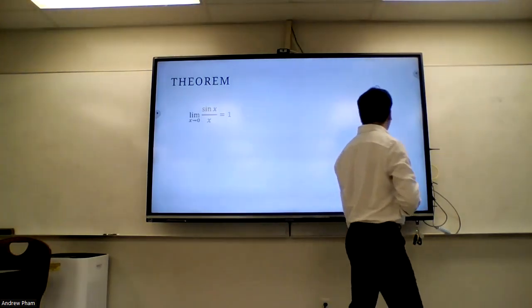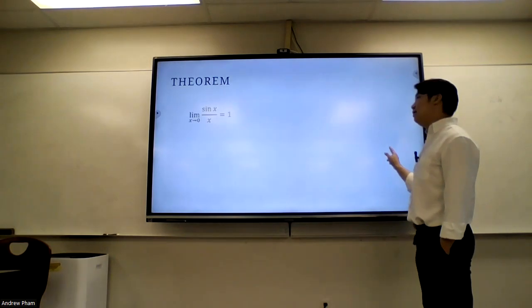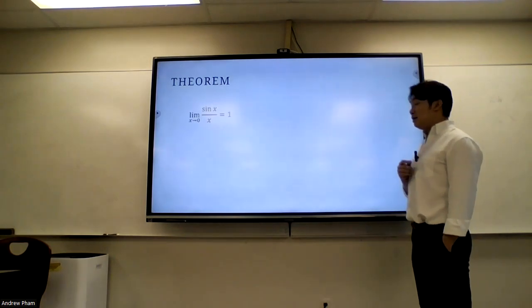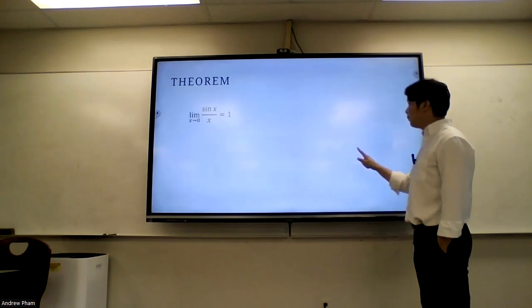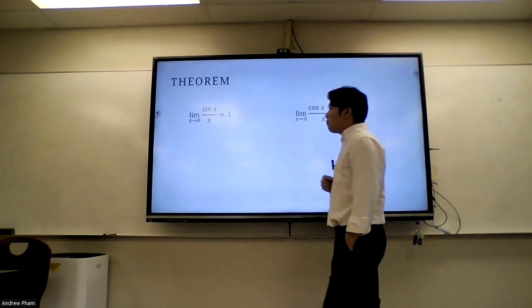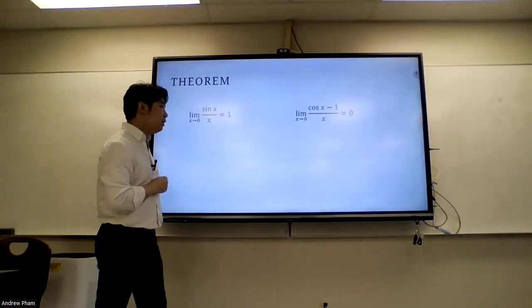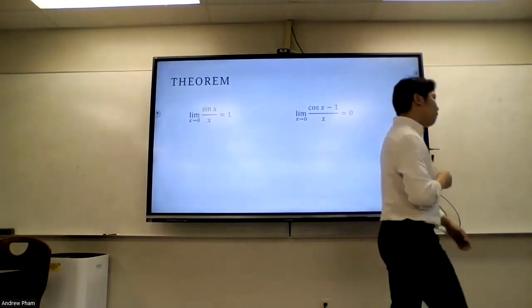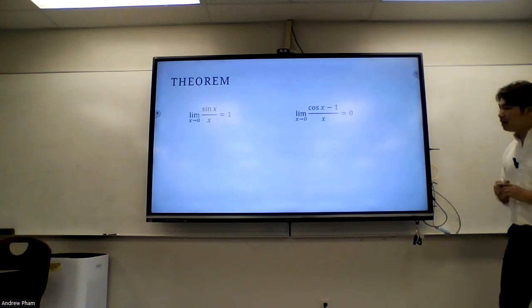So I'm going to start off by introducing these 2 special limits that are going to be helpful for me. The limit as x goes to 0 of sine of x over x is equal to 1. And then the limit as x goes to 0 of cosine of x minus 1 over x is equal to 0. I'm going to go ahead and write those on the board so that I have them for reference later on. Again, this is not something that we're actually going to be working with. This is going to be for the background on how we get there.